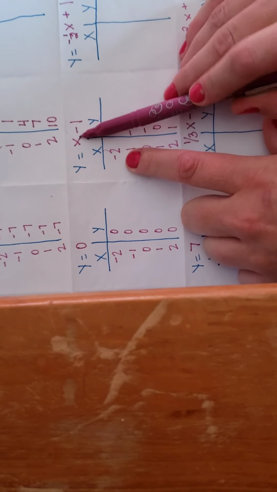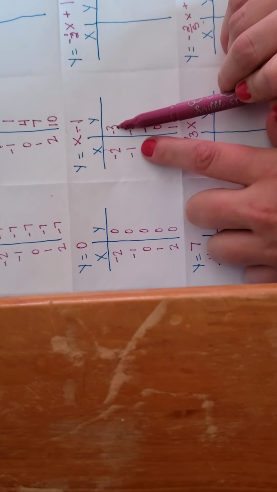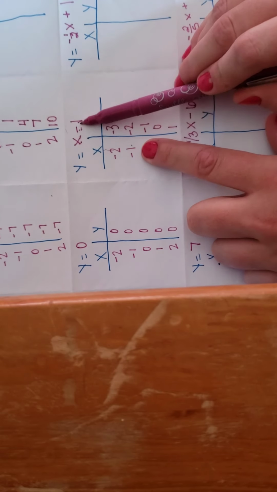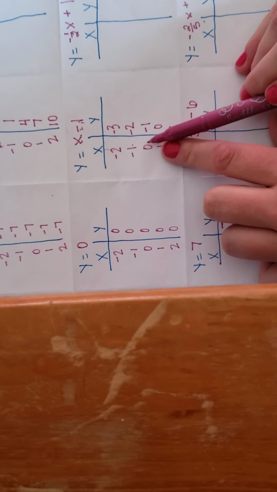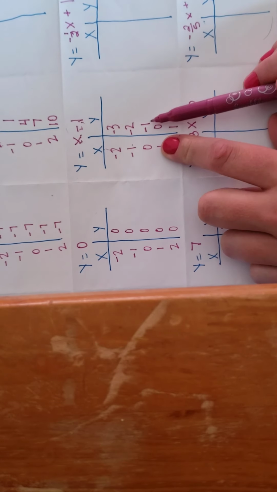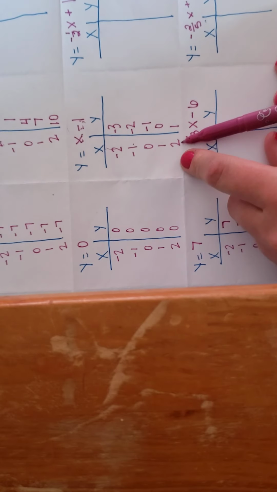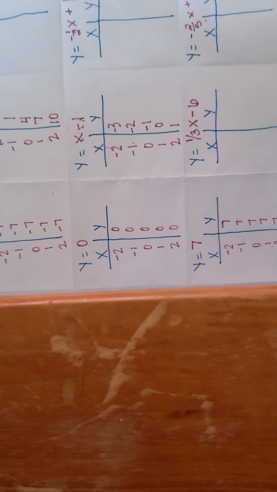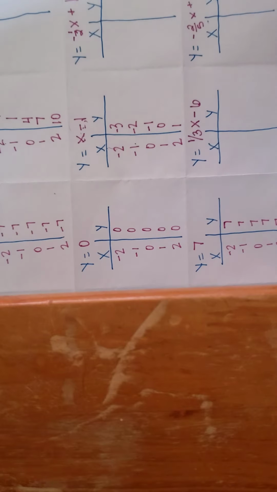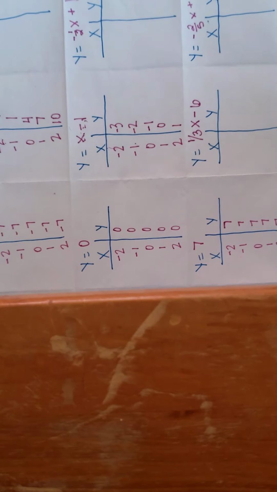So -2 minus 1 is -3. -1 minus 1 is -2. 0 minus 1 is -1. 1 minus 1 is 0, and 2 minus 1 is 1. That's how you do the tables when your slope is a whole number.